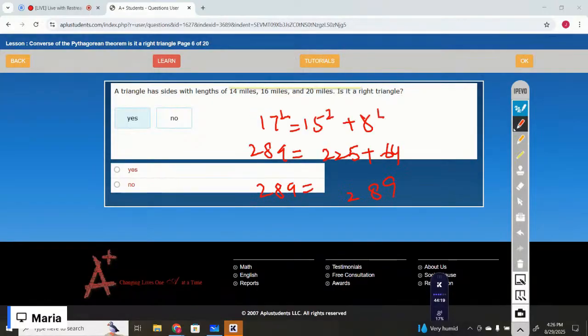A triangle has side lengths of 14 miles, 16 miles, and 20 miles. Is it a right triangle?